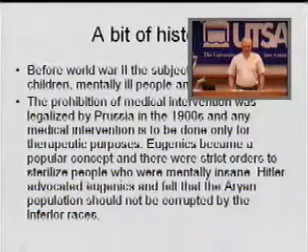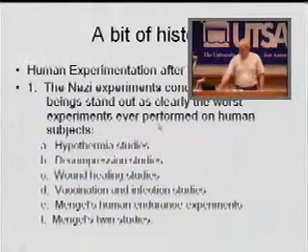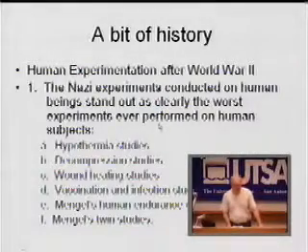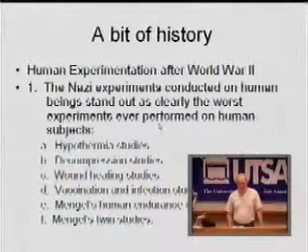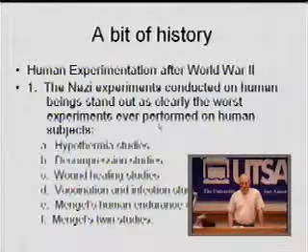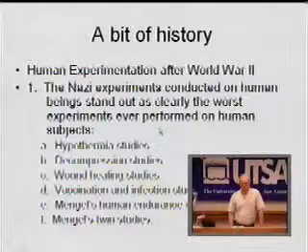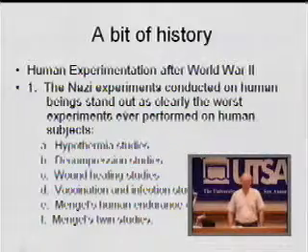So Hitler advocated eugenics, as we all know, and felt that the Aryan population should not be corrupted by the inferior races, and performed many atrocities, several of which were in the context of medical and scientific research under conditions that we now, of course, know and knew at that time are absolutely unacceptable.